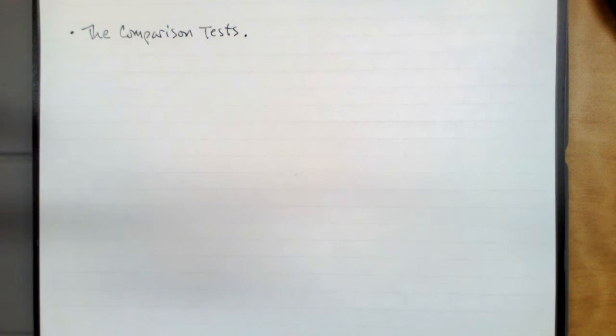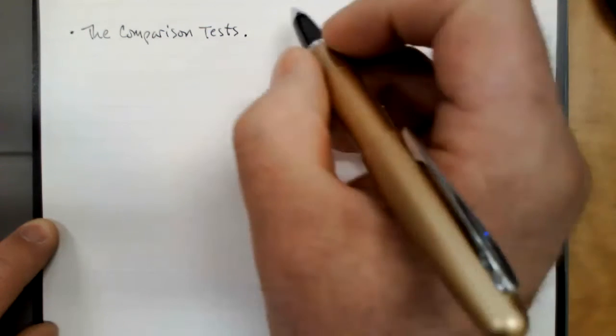So we've got to quantify what we mean by behaves like. We'll have a sense about what it is, but we should be able to explain it. And that comes down to the comparison tests. Notice that these tests involve a comparison. So we're going to have two series.